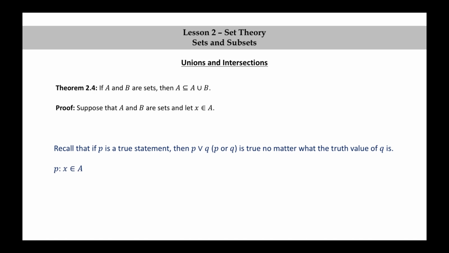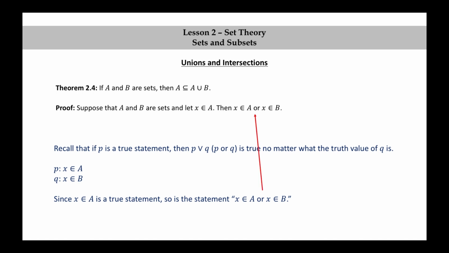We're going to let P be the statement X in A and Q the statement X in B. Since X in A is a true statement, so is the statement X in A or X in B. And we'll put this into the proof. So since X in A is a true statement, it follows that we have X in A or X in B.